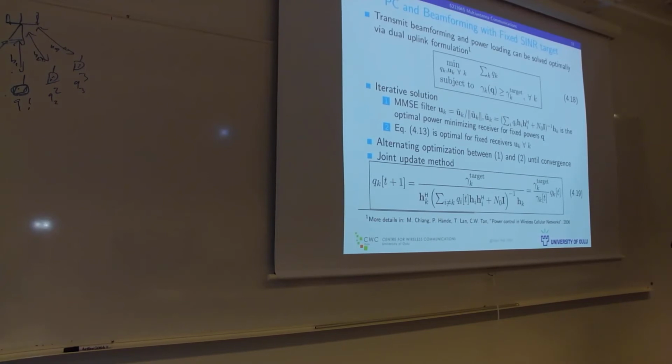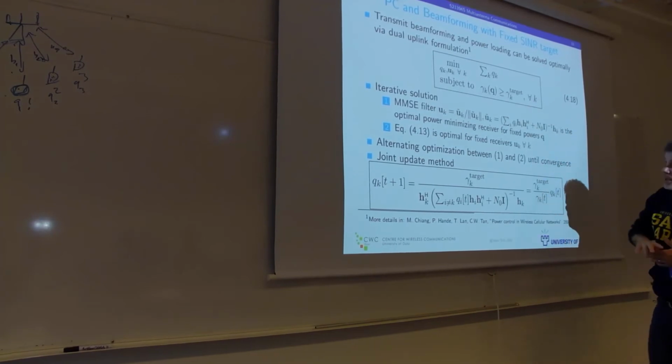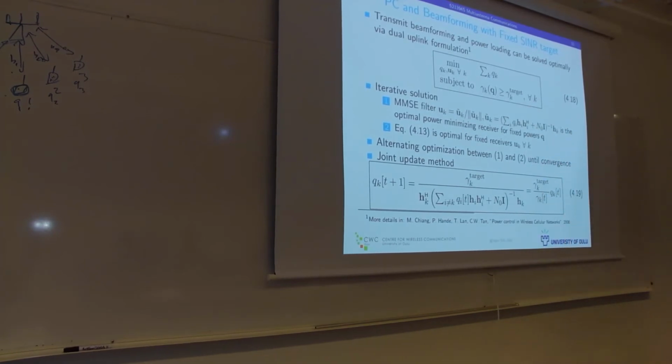Don't worry about that. We will discuss this much more in the next slides when we discuss linear beamforming in more detail. But it can be shown to be a convex problem. So it has a single optimal solution, right? A global optimal solution.